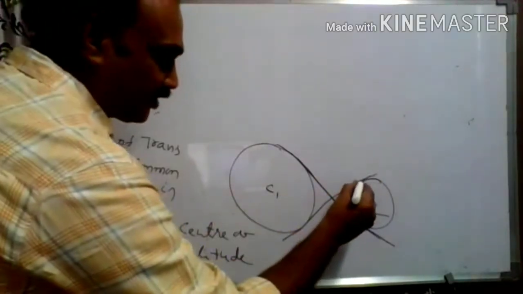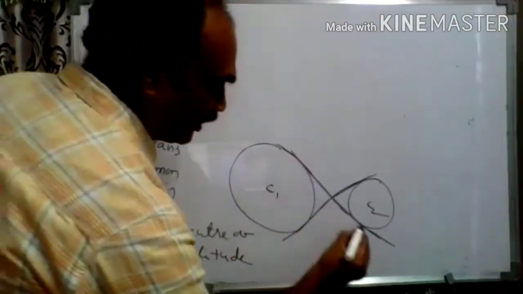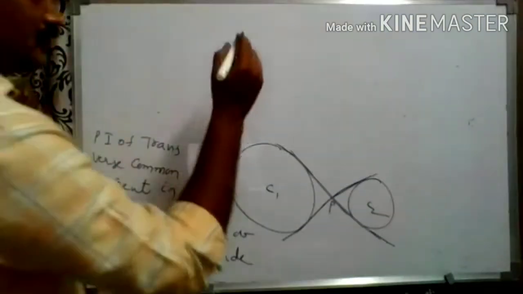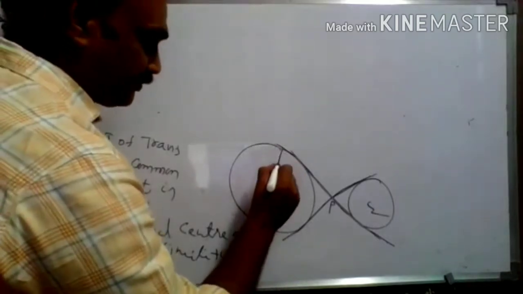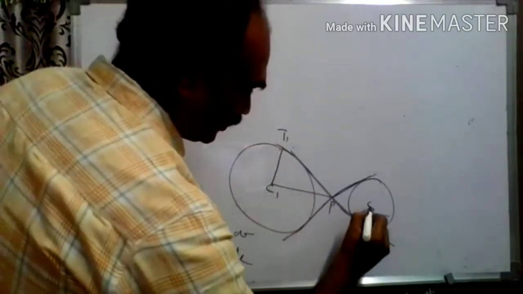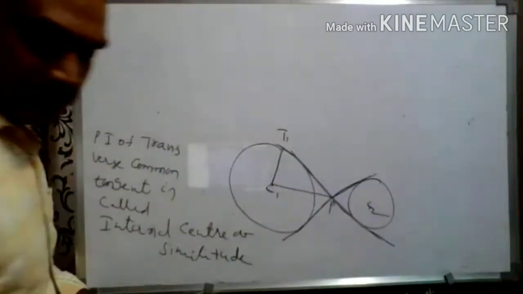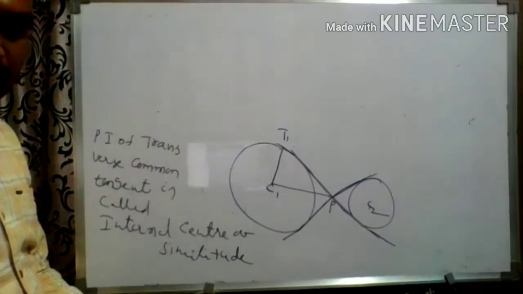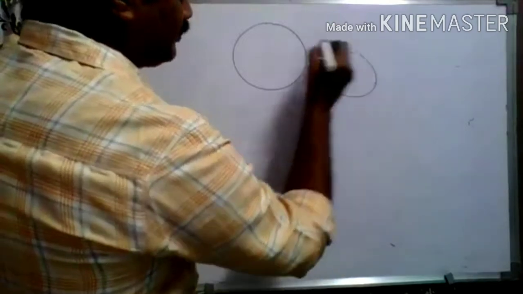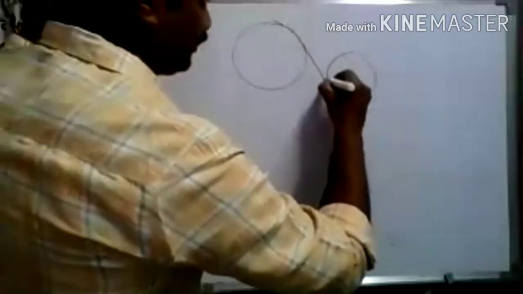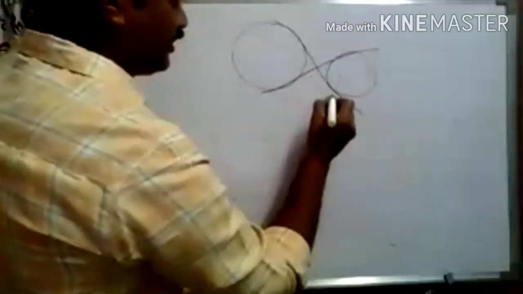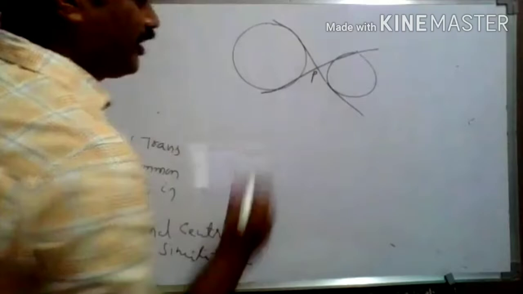So these are transverse common tangents. The point of intersection of the transverse common tangents, suppose this point is P. Join this one; suppose this is T1. This is the first circle, S equal to 0, and this is the second circle. This is point P, students.